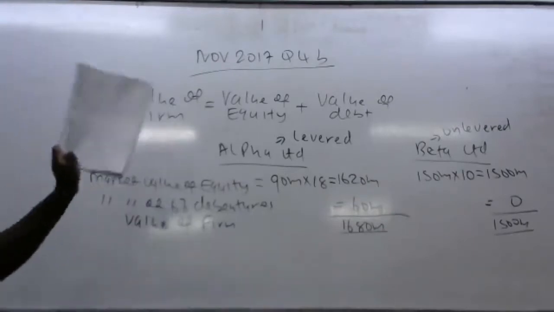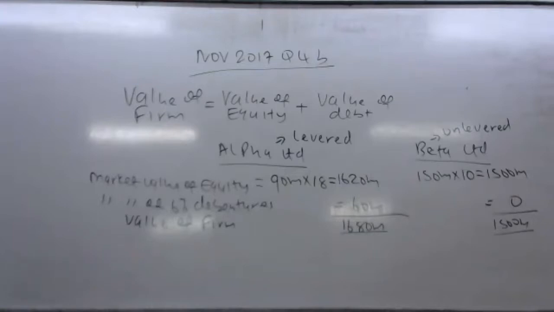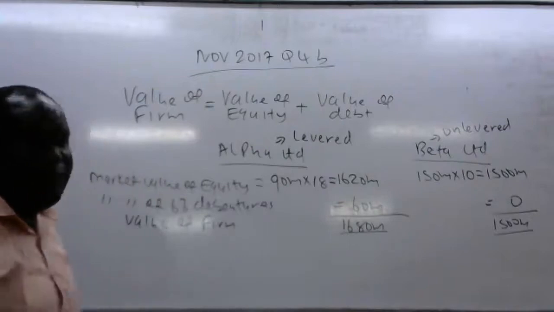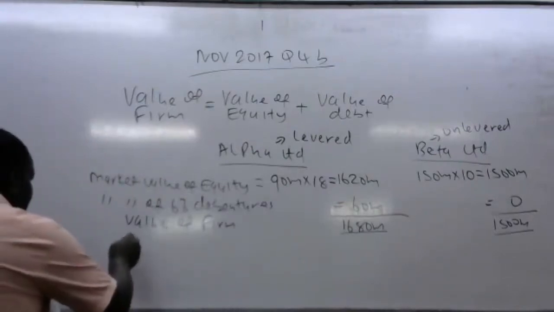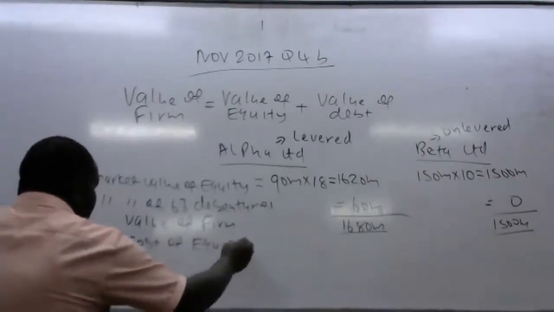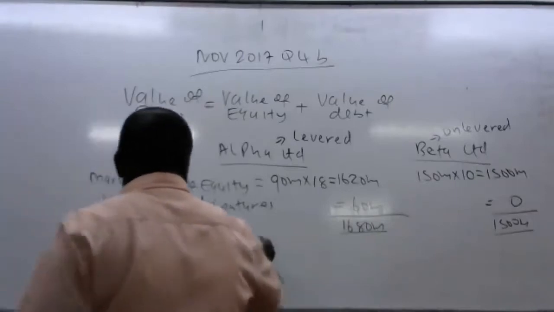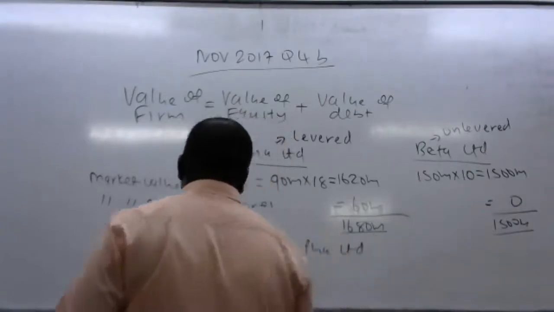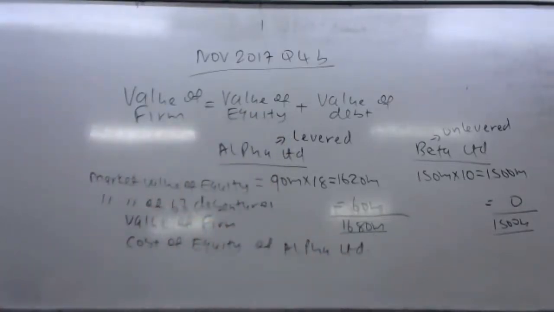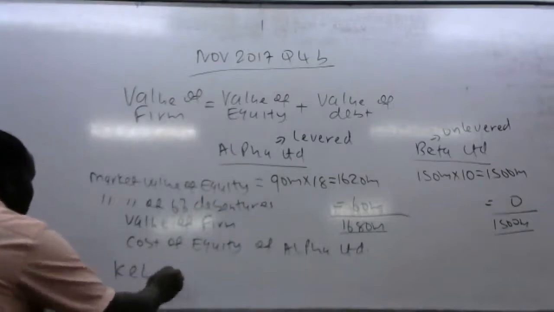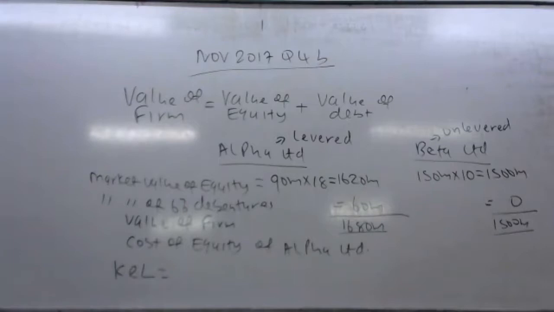Before we practice the arbitrage process, we need to get the cost of equity for Alpha and also the cost of equity for Beta. So we can compute the cost of equity of Alpha Limited. Because it is levered, it is the same as KEL, the cost of equity for the levered firm.